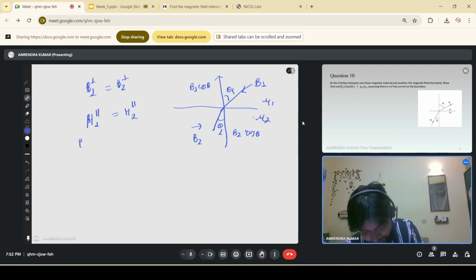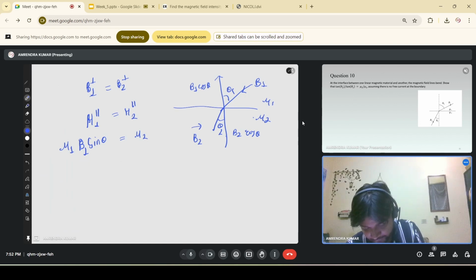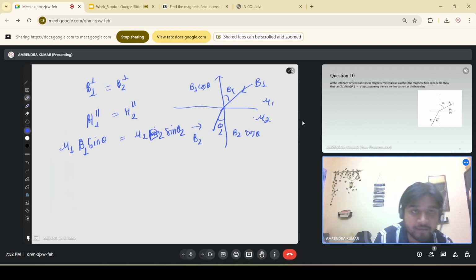So it will be B1 sin theta 1 over mu 1 equal to B2 sin theta 2 over mu 2.